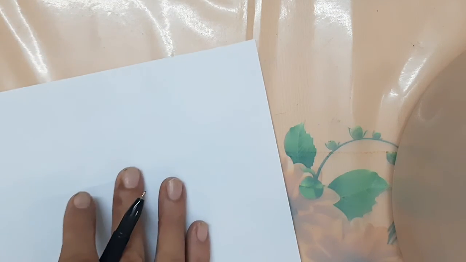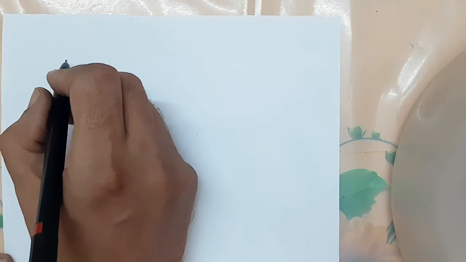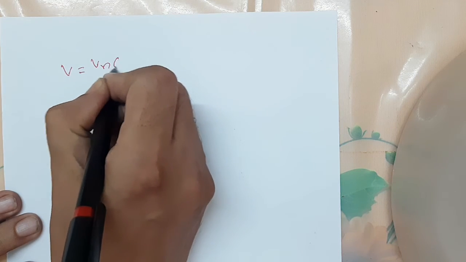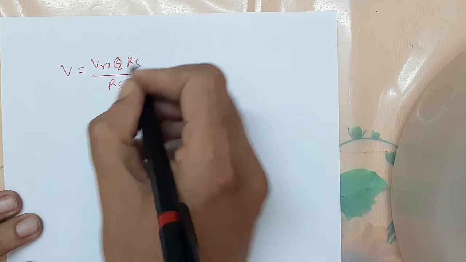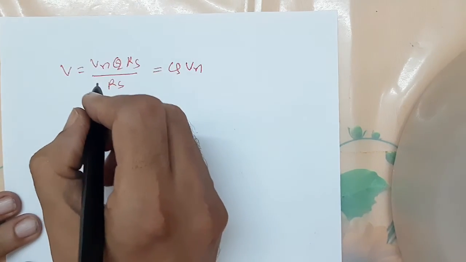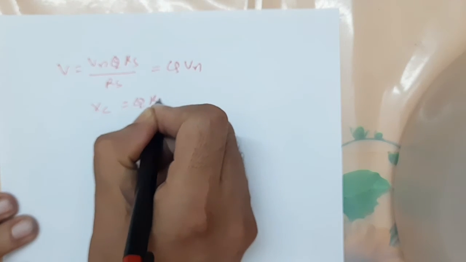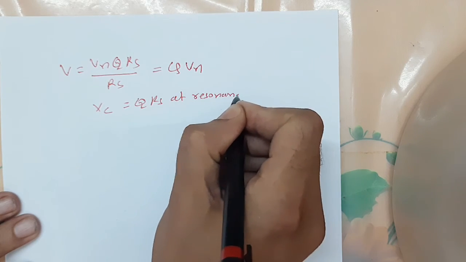So from this equation, we know that V is equal to Vn Q Rs upon Rs. It is equal to Q Vn, where XC is equal to Q Rs at resonance.